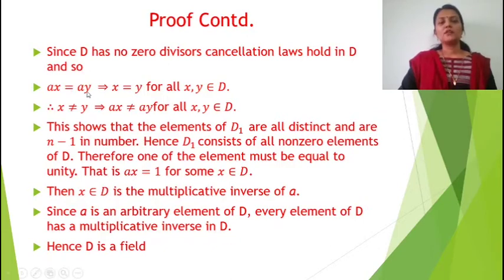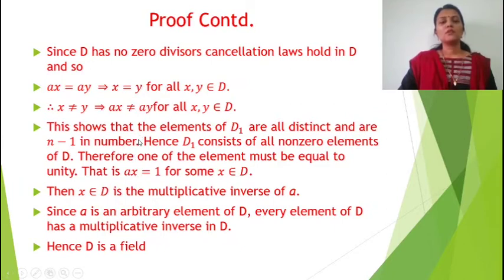So Ax equal to Ay implies x equal to y for all x, y elements of D. Therefore, x not equal to y implies Ax not equal to Ay for all x, y elements of D. This shows that the elements of D1 are all distinct, n minus 1 in number.